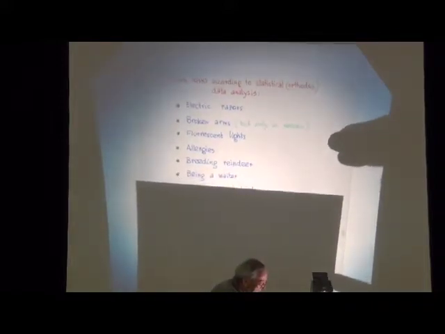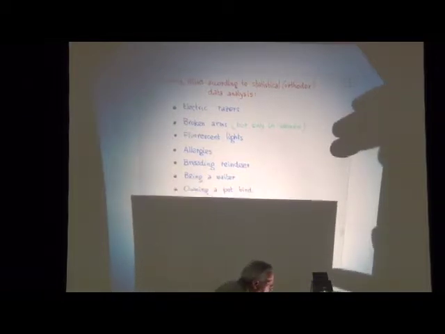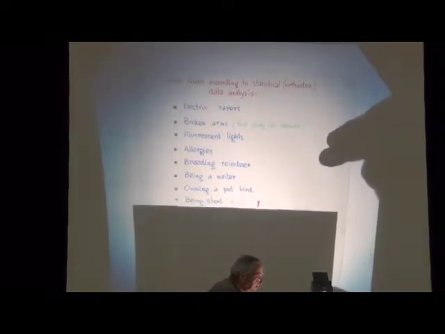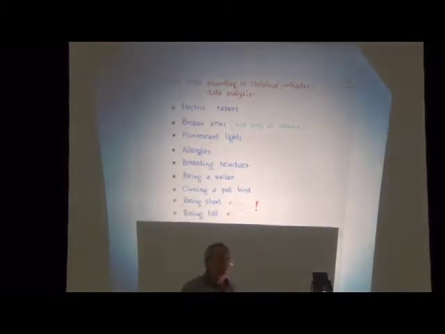But the best is to come. Being a waiter is very dangerous. Owning a pet bird, I don't know why, but it's a risk for cancer. If you are too tall, but also if you are too short.